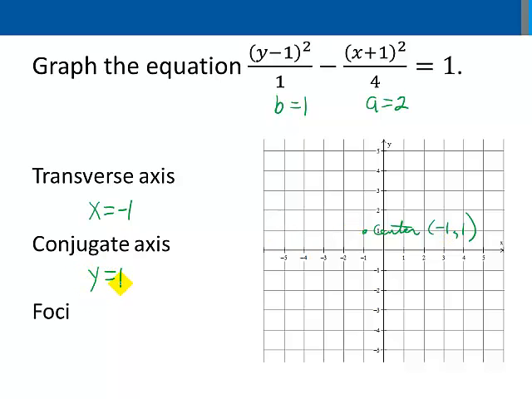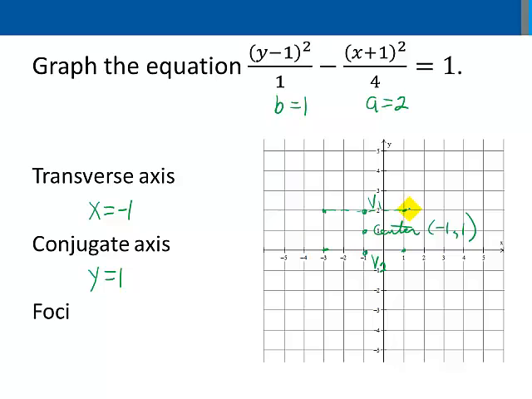To graph our hyperbola, from the center we'll go up a distance of b, or 1, to find a vertex. We'll go down from the center a distance of 1 as well to find our other vertex. For graphing, we need to go a distance of a in each direction from the vertices.